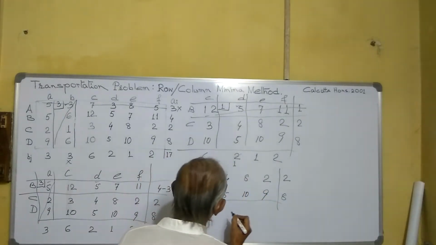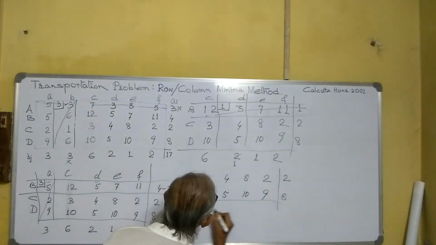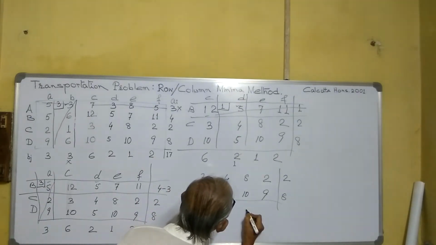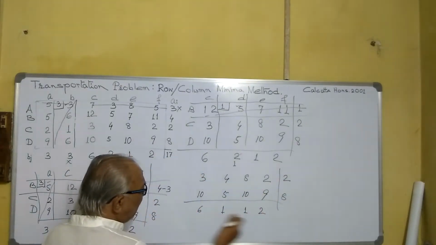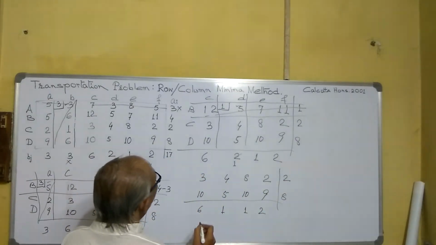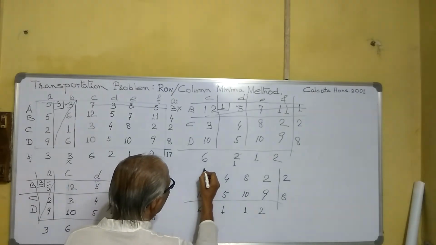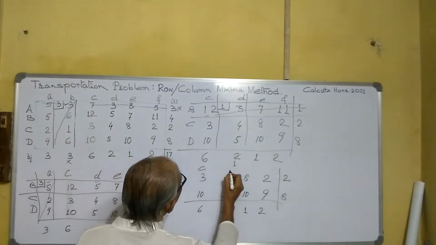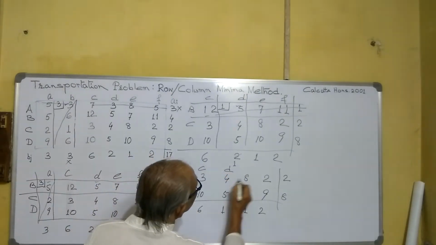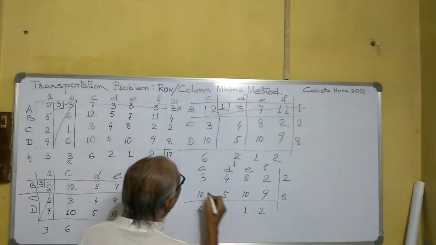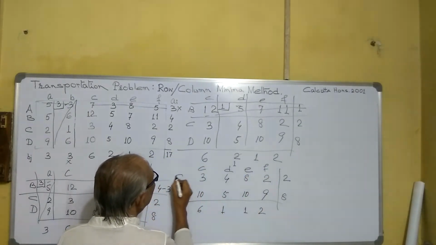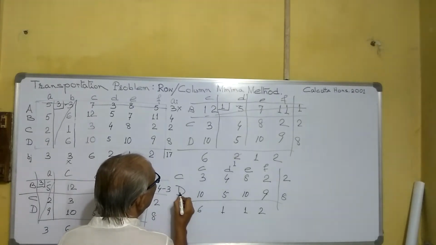Here the requirements are 6, 1, 1, 2. Check it, 8 and 2 make 10, and here also 10. Always check like this. Now it is C, D, E, F, and here it remains only C and D.